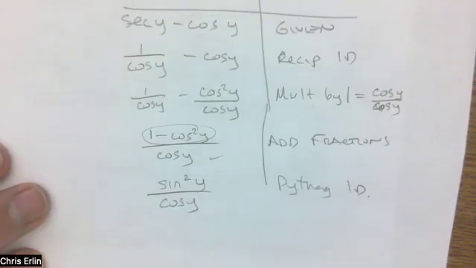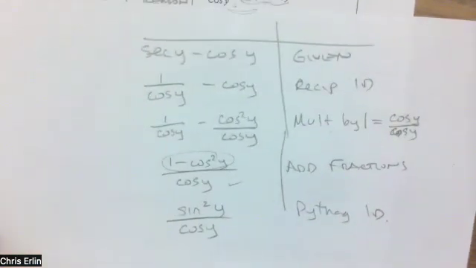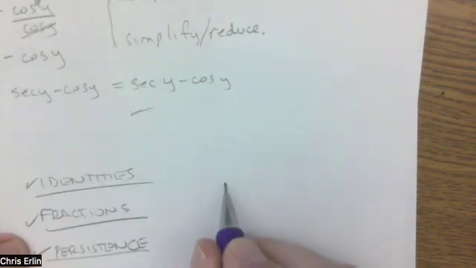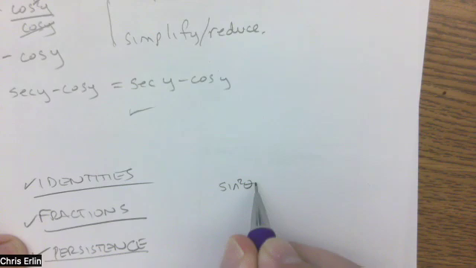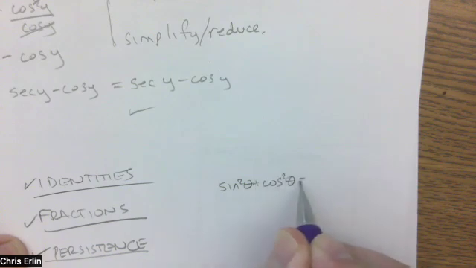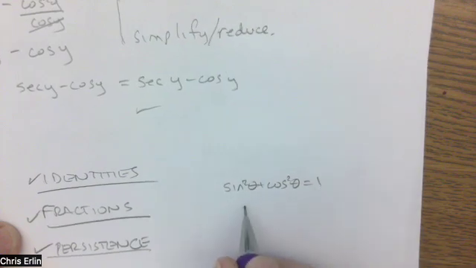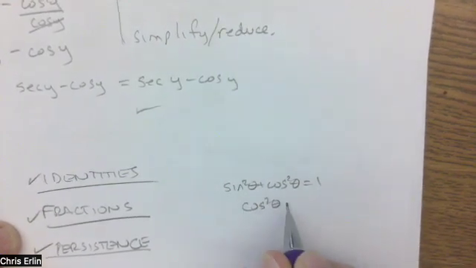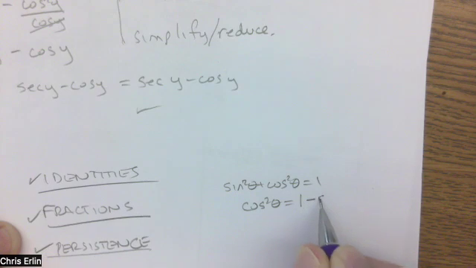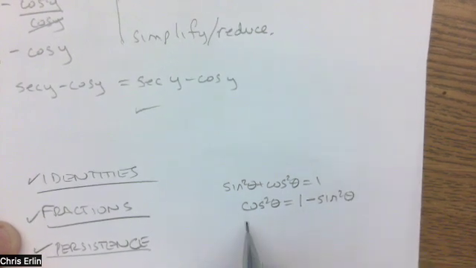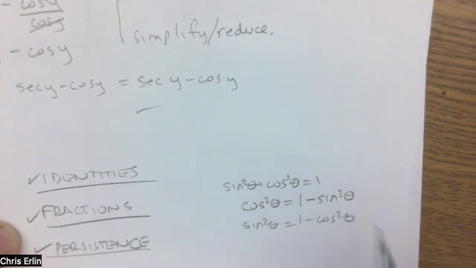And so when I say you have to know the identities, that means you have to not only know sine squared theta plus cosine squared theta equals 1, you also have to know what happens if you subtract sine squared. So that cosine squared theta equals 1 minus sine squared theta. Or you could have had sine squared theta equals 1 minus cosine squared theta.